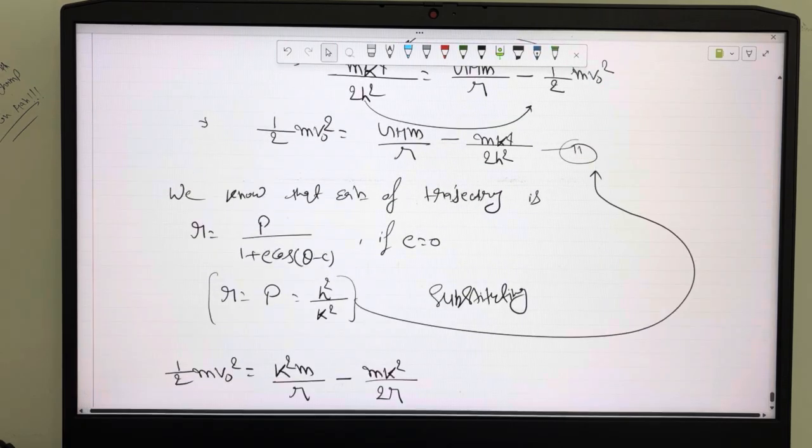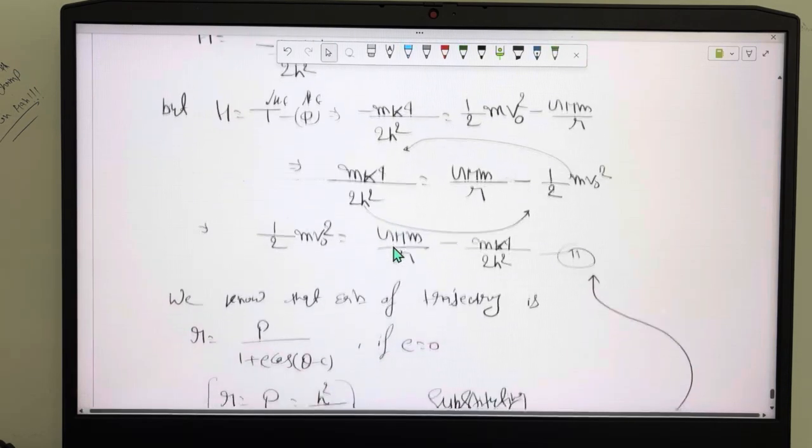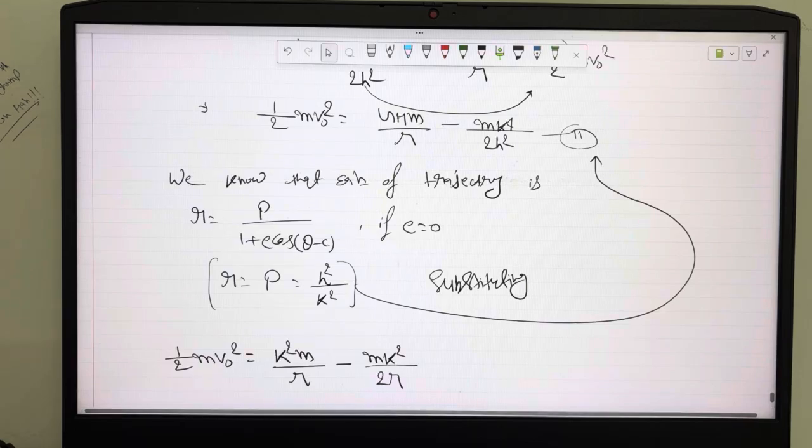Because we can write GM is equal to k square, right? I said this already. Then this k square divided by h square is nothing but your r square. That is why I have written r.